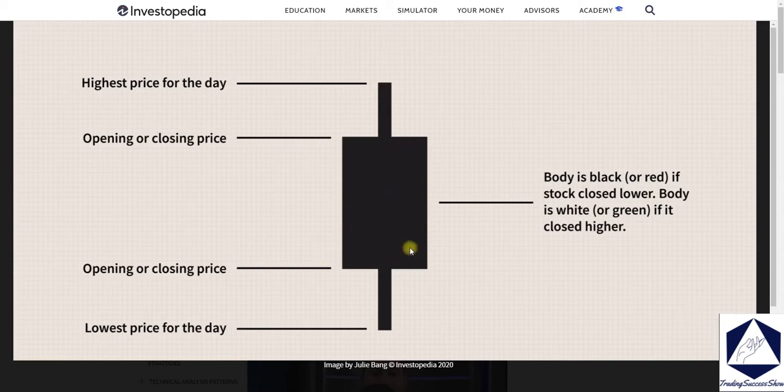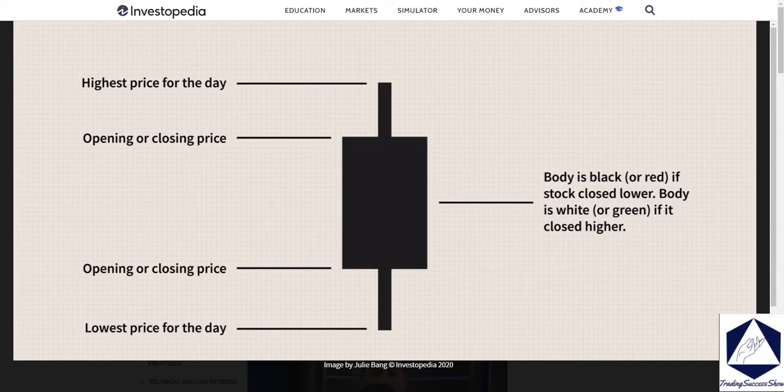So as you can see here, according to Investopedia, if you look at this candle right now, the highest price for the day is this top right here, and then the opening or closing price is right here, and the opening or closing price again is right here. So this is 1 and this is 2.